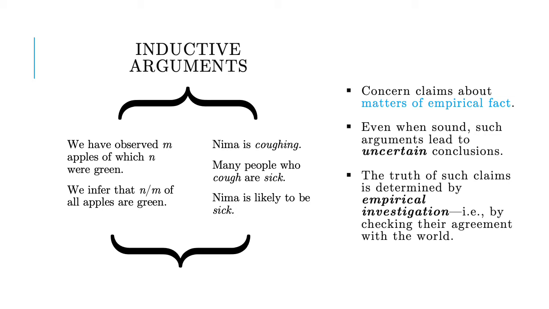The only way to find out whether such arguments are right or wrong, right, and whether the conclusions that they posit are right or wrong in particular, is by checking their agreement with the world. And what we observe is that we can essentially always be wrong, even when we're reasoning quite well.